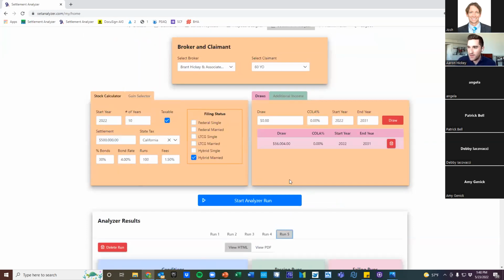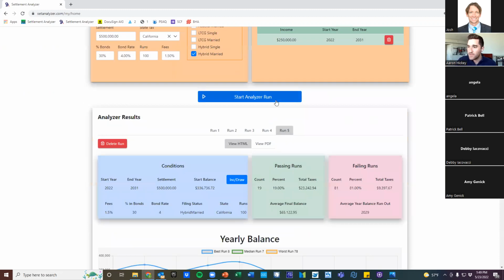For those of you who might be interested in factoring additional income, that attorney maybe isn't done working yet, and their annuity is going to be factored off by additional income that they may still be receiving. So we'll say that they're projected to get $250,000 over the next 10 years. That's their average income. You can factor that in as well.